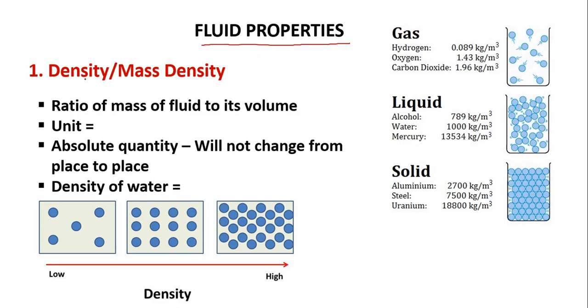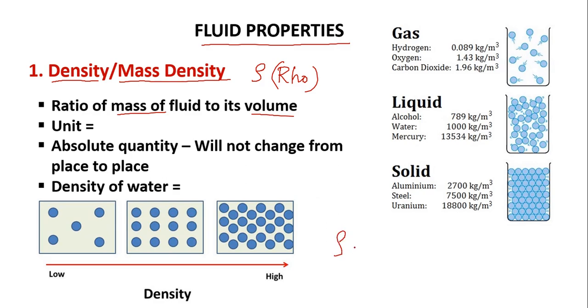And the first property is density of the fluid. We'll also call it mass density. Mass density is the quantity of mass that is occupied in unit volume. It is the ratio of mass of fluid to its volume. We'll express density by the symbol rho.